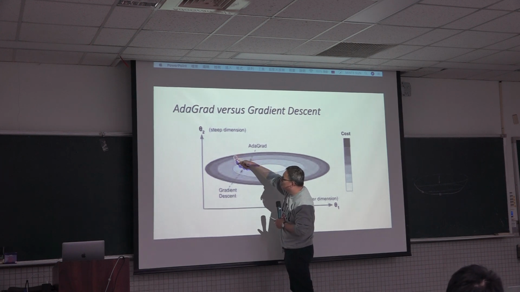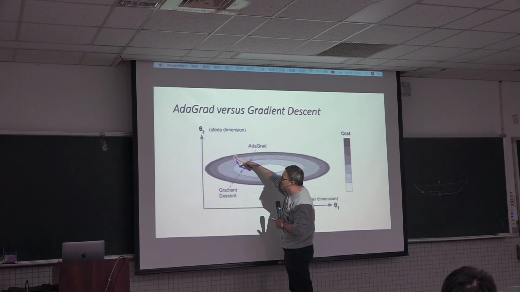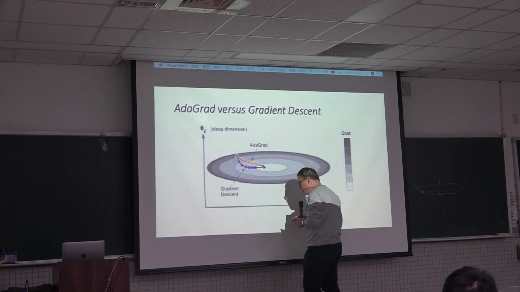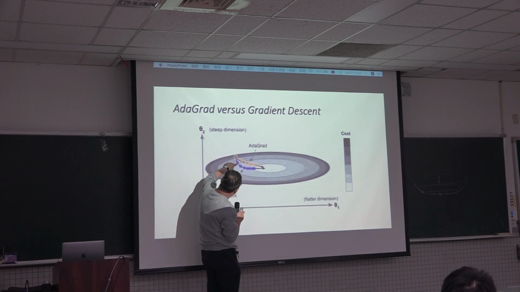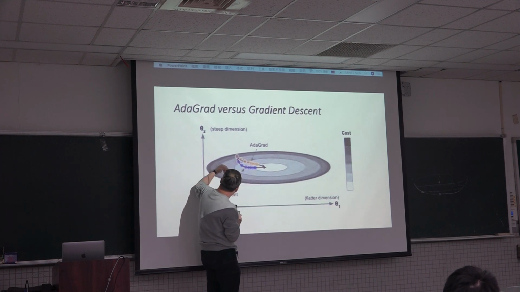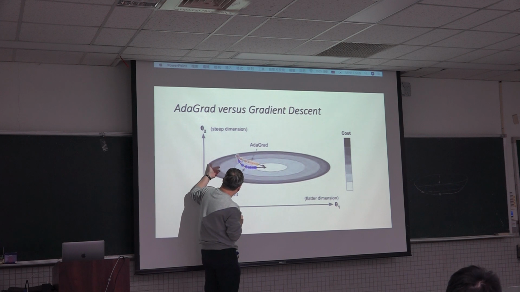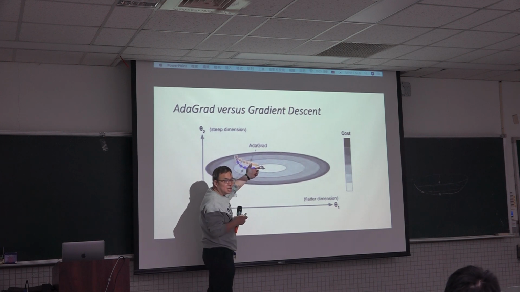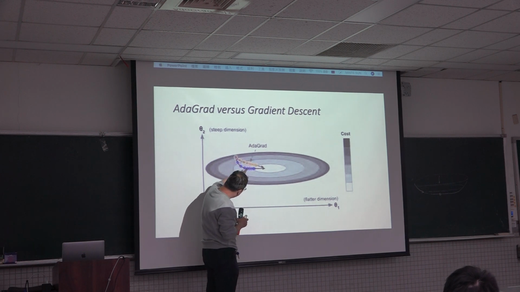This blue line indicates how gradient descent moves. It's going to move fast in this direction and then move slowly in this direction, because it's going down as well, but slowly. So the moving pattern is like this.